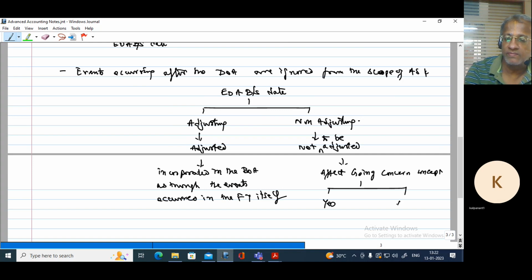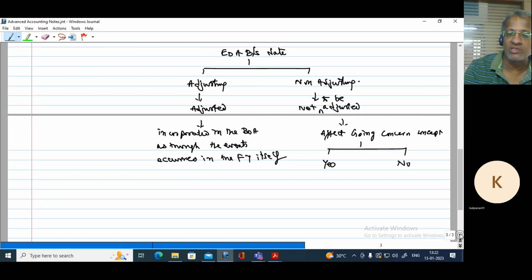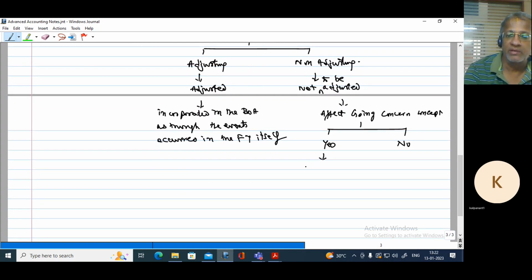Yes, as well as no. If it is affecting the going concern concept, then redraft the balance sheet. Redraft the financial statement. There is no meaning in carrying a balance sheet and P&L account just like what we normally do for a going concern. If the answer to that question were no, disclose in the director's report.